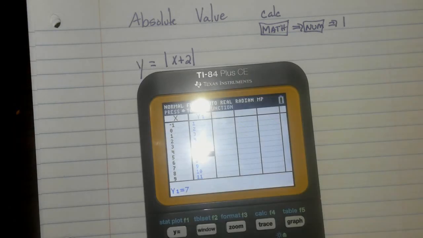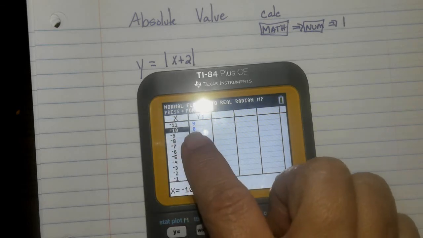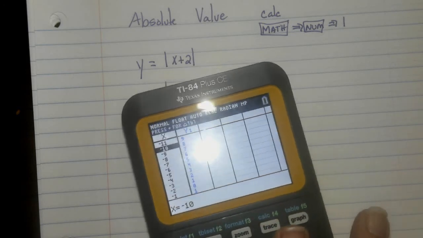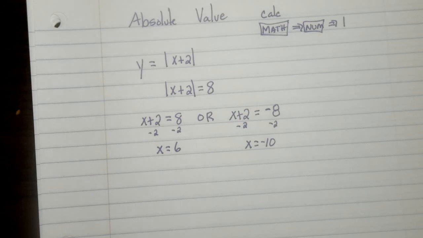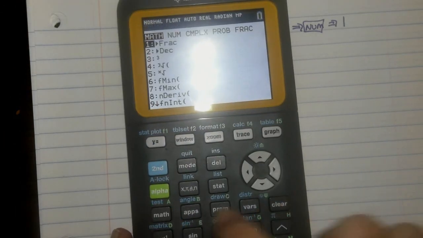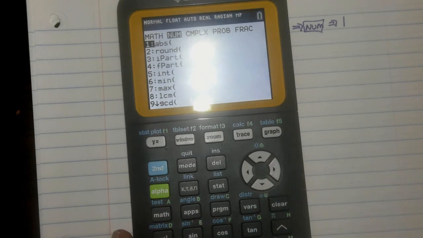And so I can go and check my other solution at negative 10. And do you see at negative 10, we also have an output of 8. Right? So remember that you can use your calculator to check. But one more time, absolute value: Math, Number, choice 1.